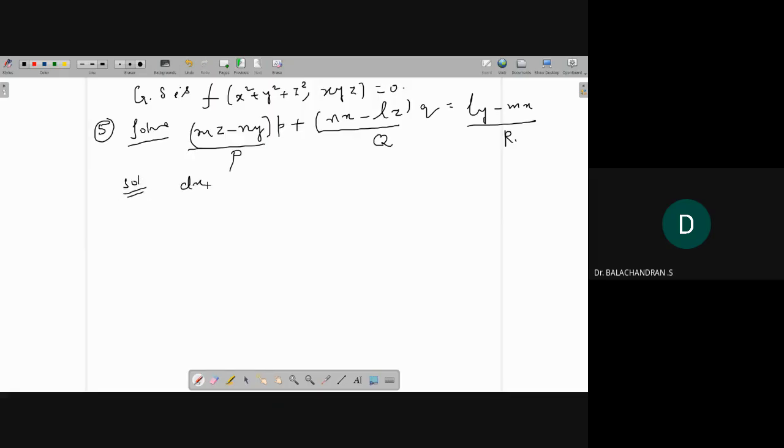So if you know the multipliers, you can write dx by mz minus ny equal to dy by nx minus lz is equal to dz by ly minus mx. So what is the multiplier here?